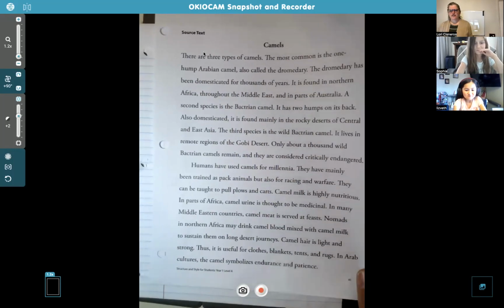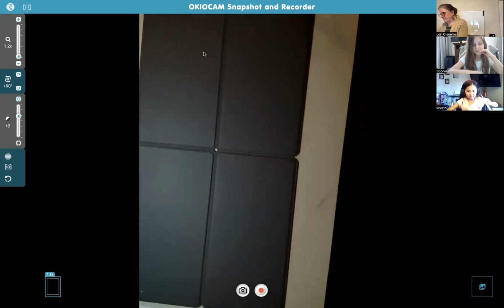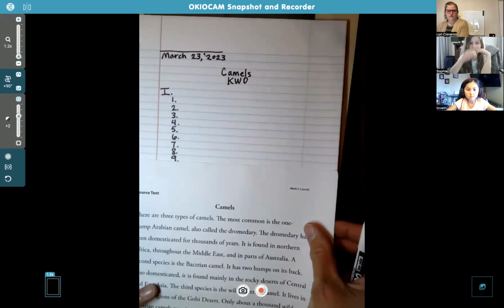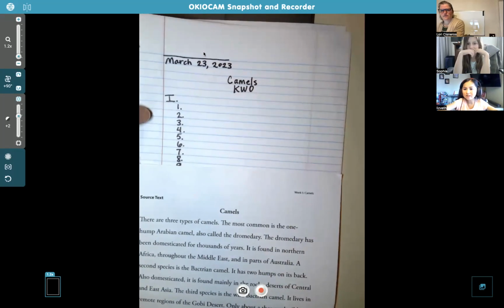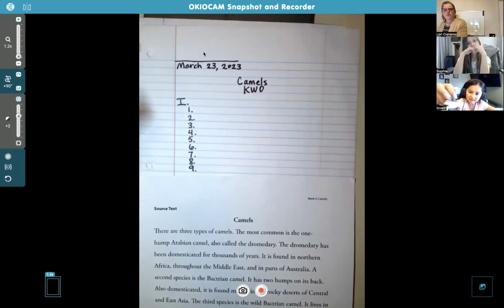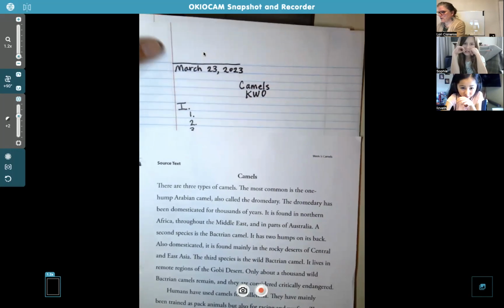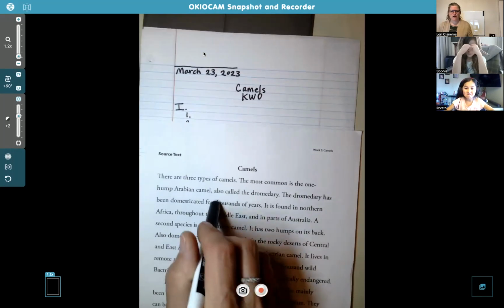All right. Now, let's look at your keyword outline here. I'm going to put this down a little bit so you can see both. We're going to slowly start working on your keyword outline using the sentences in this paragraph.